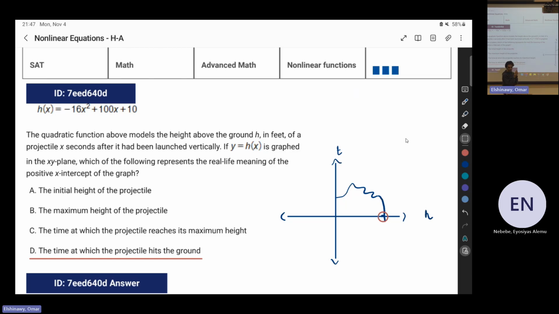Because it could be like this, right? The time will be on the x-axis. So what I want to say is you need to be careful. It could be like this. It will probably look like this. Yeah.